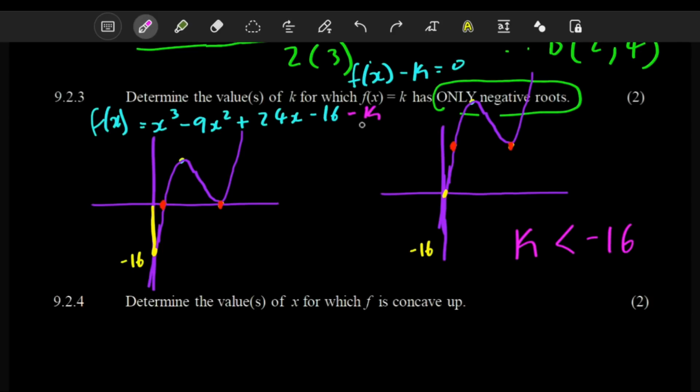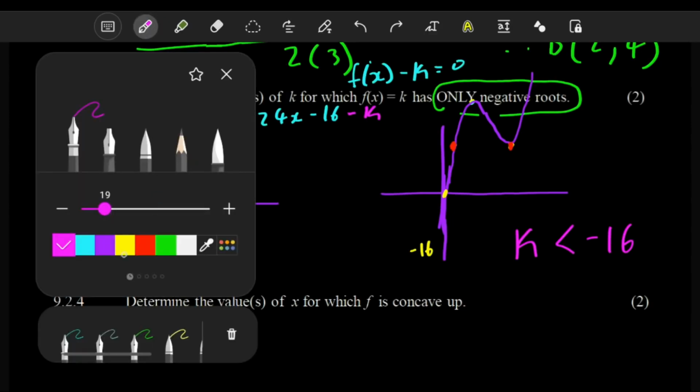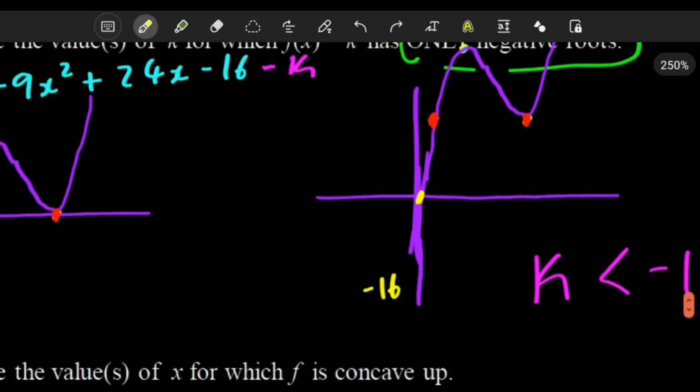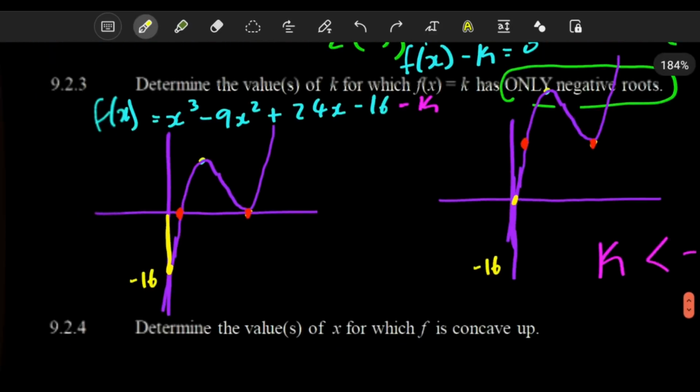Meaning here you would have plus 17, and adding 17 here means you would have moved the graph 17 units upwards. So that's why you have to say k is smaller than negative 16, because a negative and a negative is what is going to cause your graph to actually move upwards for it to eventually have only negative roots.